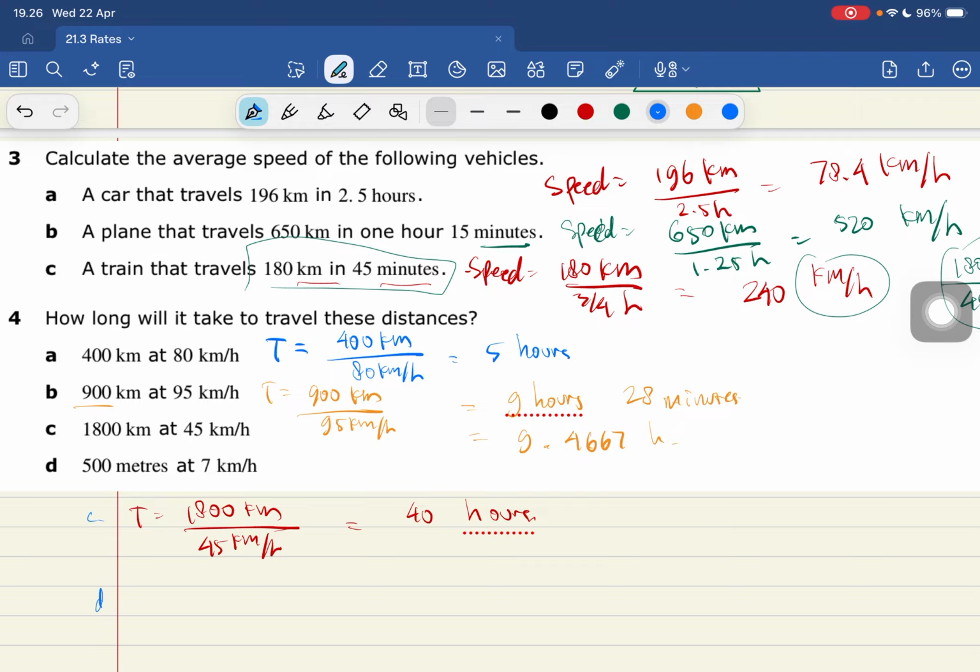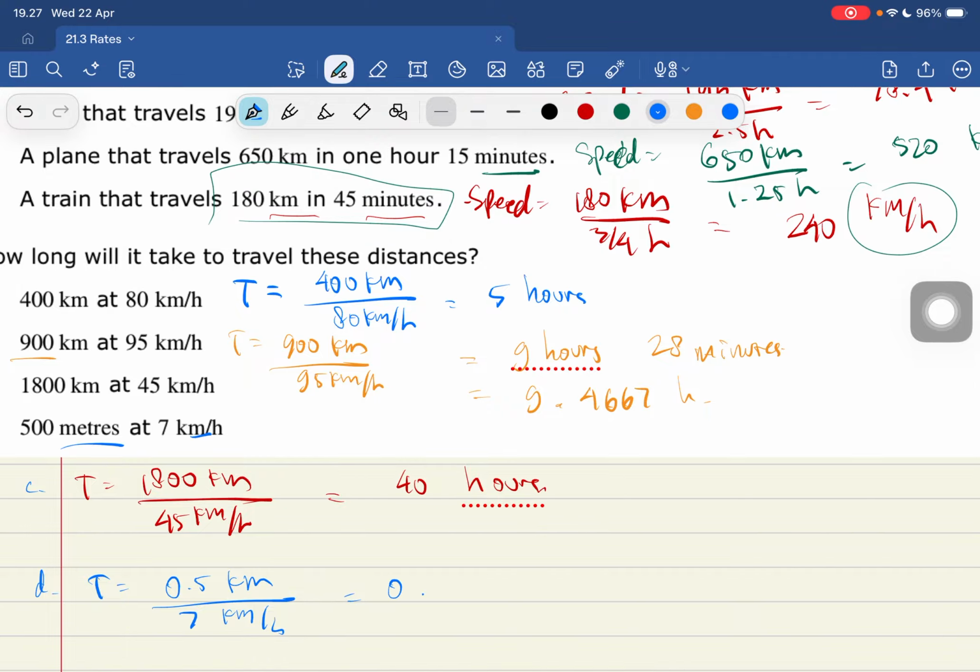So 0.5 kilometers, we divide by 7 kilometers per hour. So 0.5 divided by 7 is 0.071 hours.